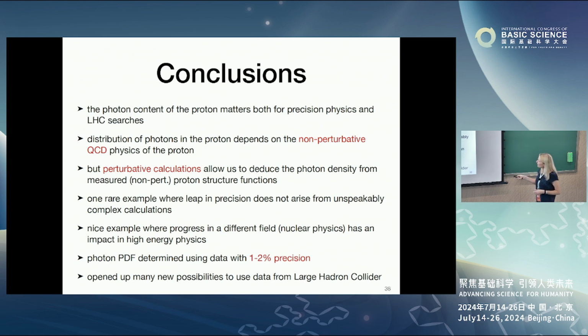So using this data and this progress, we determined the PDF with about 1-2% precision in a large region of x. And I showed you this opened up the possibility to do a lot of new studies using photon distribution functions. Thank you.